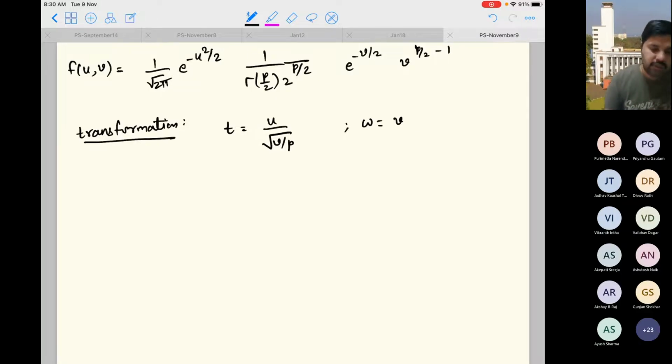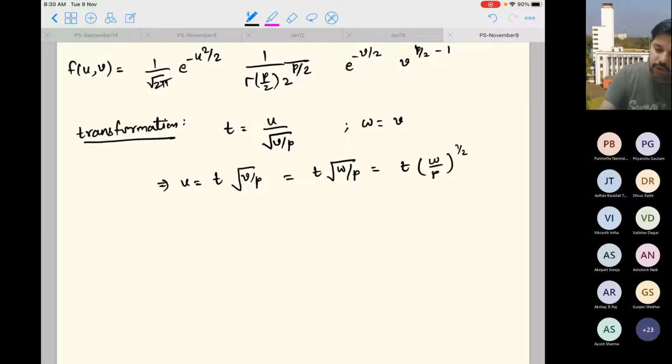Okay, so this is what we have. So what does that mean? That means that u is equal to t into square root of v by p, which is the same as t into square root of w by p, which I will write down as t into w by p to the power half. And v is equal to w. So this is the transformation that I'm making.